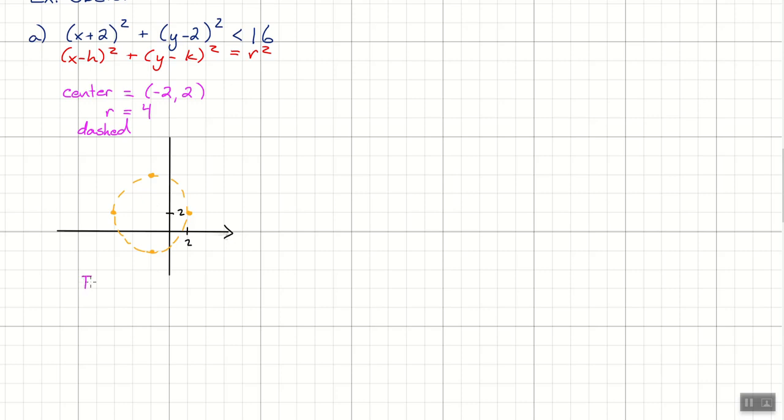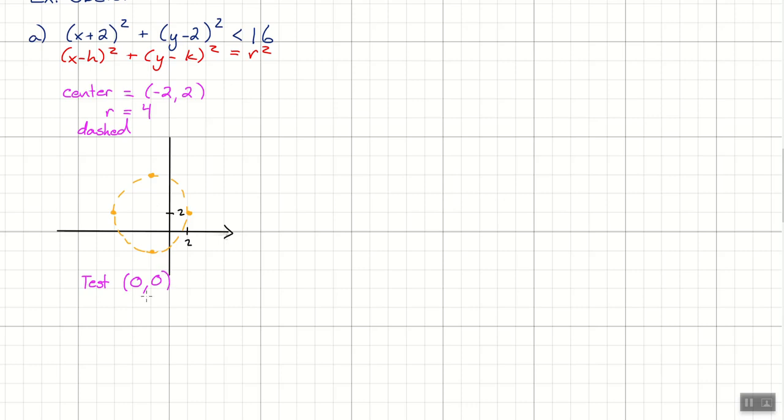I'm going to pick a point to test, any point that's easy, that's not on that dashed line, curve rather. Is there an easiest point that you can be pretty confident is not on the dashed line? Unless my line happens to run through the origin, I'm going to test 0, 0 every single time.